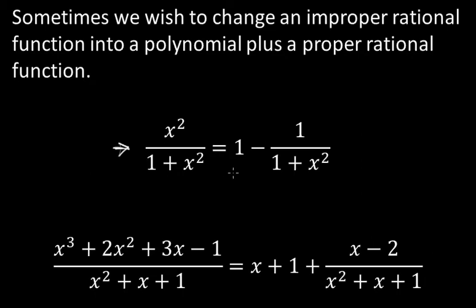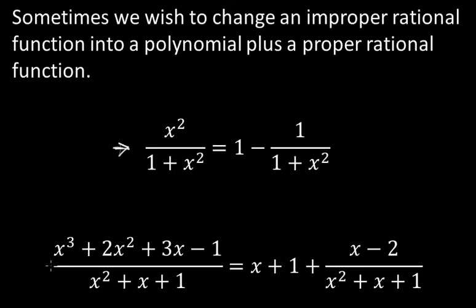And I'll show you how to do that in a second. We'll divide the denominator into the numerator, and we will get a quotient of 1 minus 1 over 1 plus x squared. So notice we've written this rational function that was not proper as a little, well, it's just a constant, but it's also a polynomial of degree 0, plus another rational function that is proper.